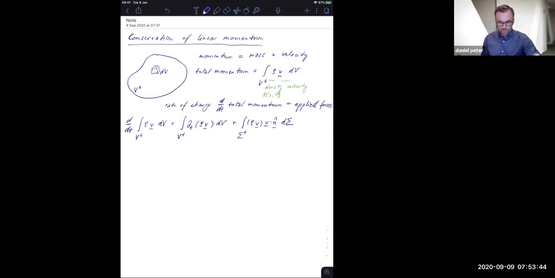Again, this term you have to think of as a flux, which carries the quantity in or out of the surface. So this determines how much momentum is carried over the surface.